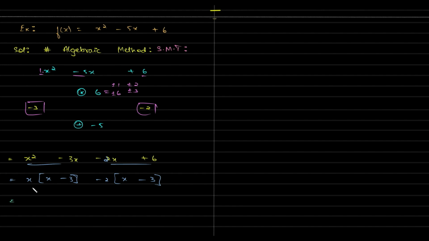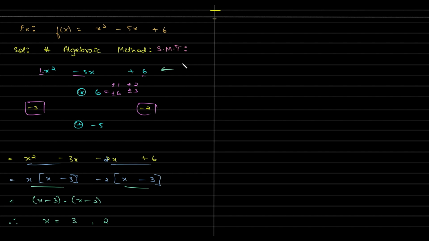The common factor between these two terms is x minus 3, and you're left with x minus 2. Therefore your zeros are 3 and 2. If I put 3 over here, I'll get 0. If I put 2 over here, I'll get 0. Thus the zeros of this expression are 3 and 2.